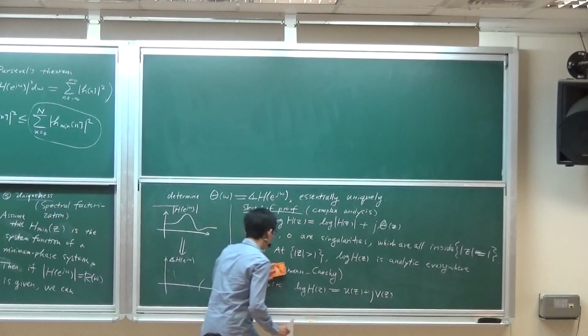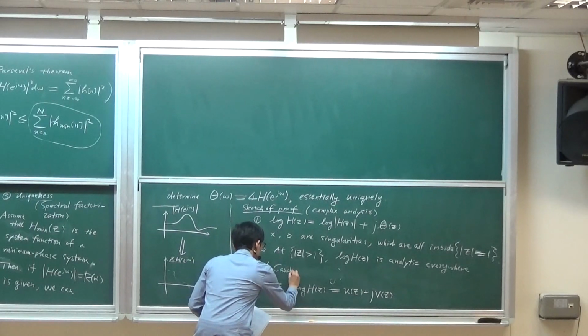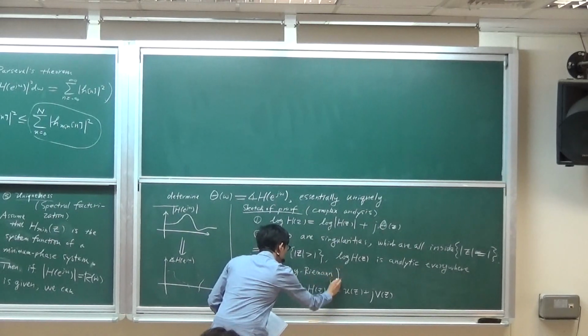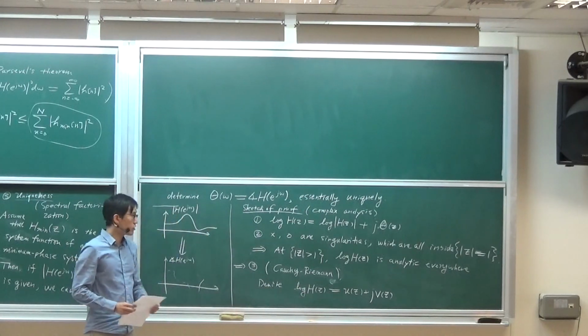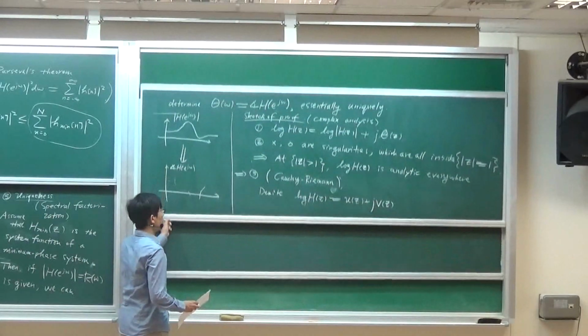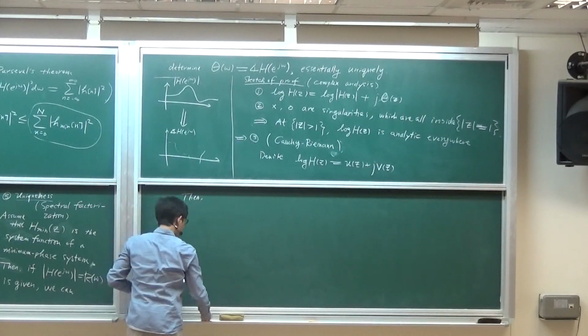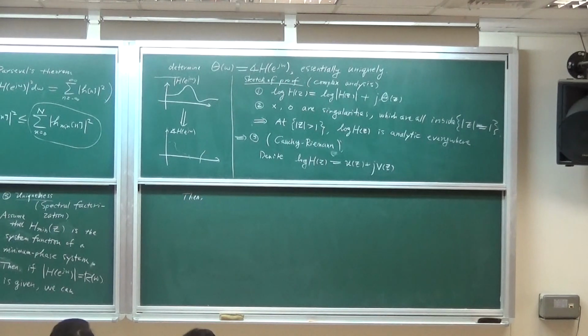Cauchy-Riemann, really, not Riemann-Cauchy. Cauchy-Riemann. If we denote the real part and imaginary part as u and v respectively, then because of analyticity, say that word, analyticity, repeat that to me, good word.